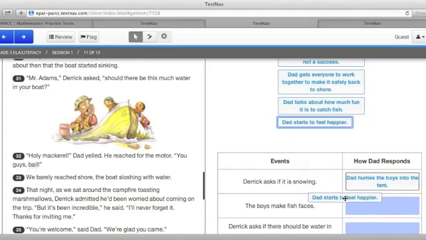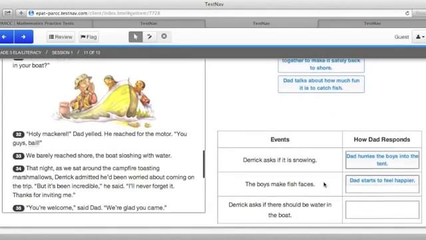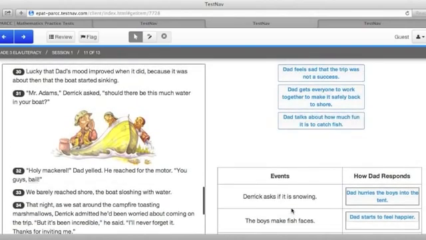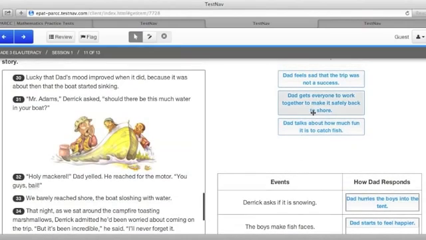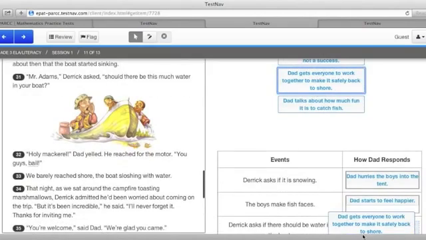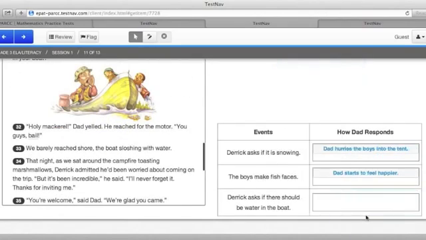So I'm going to click on this one, drag it into the box, and then I just have one last one to do. For this one, it asks how Dad responds when Derek asks if there should be water in the boat. And from reading the story, you should know that Dad makes everyone work together to make it safely back to shore. With that, you're ready to go on to the next question.